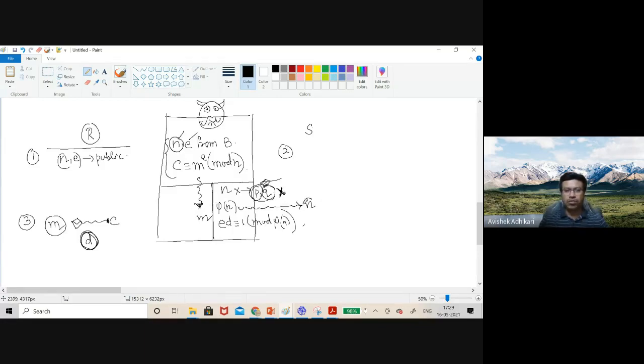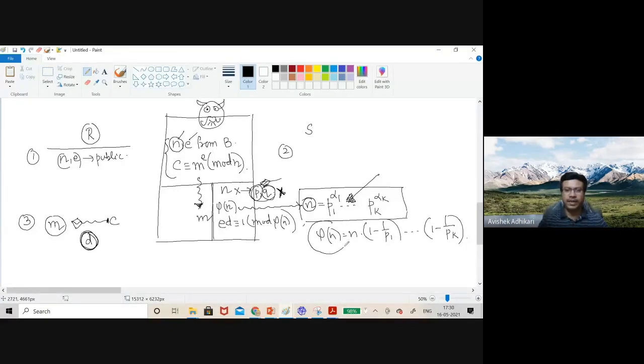Once you know the factorization of n, so you remember in my last class I explained like this: if n is the product of pi to the power alpha i, then the value of phi n was n into 1 minus 1 by p1 dot dot 1 minus 1 by pk. But here I assume that n can be represented as a product of primes. If you do not know the prime factorization of n, then till now there is no efficient algorithm known which can compute the value of phi n.